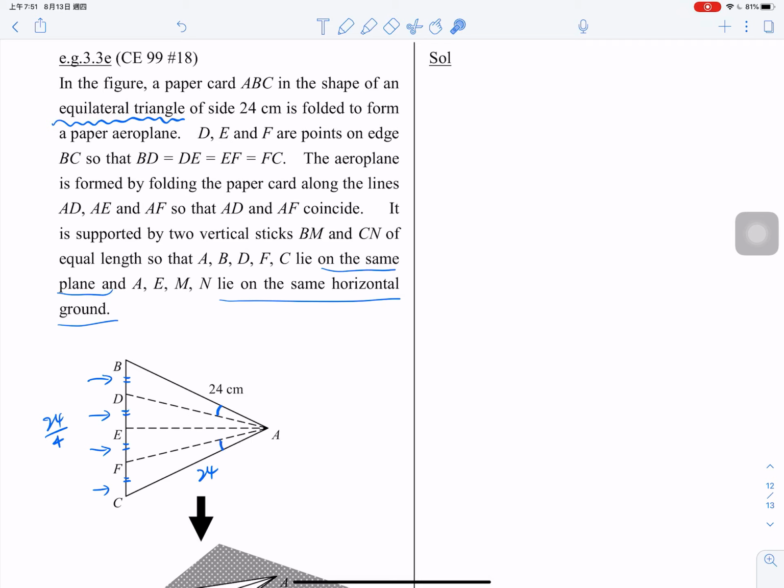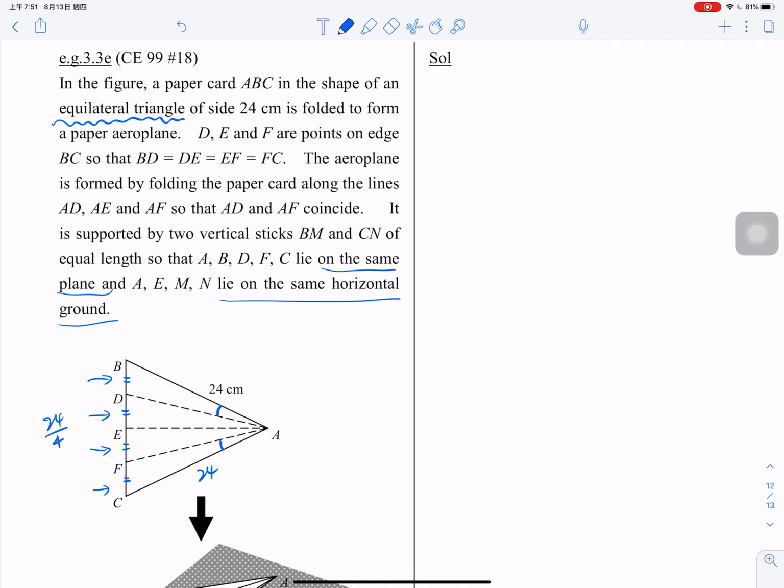In the examination, actually you can ask for draft paper, and you can use one more paper to fold it by yourself, not only for your draft calculation. Okay, let's see how to find this one.